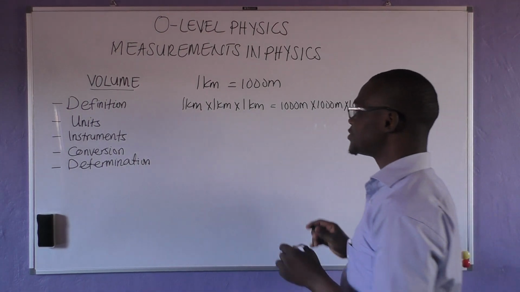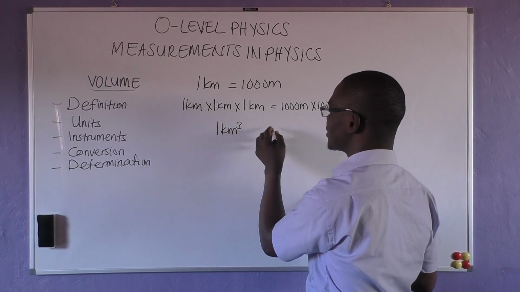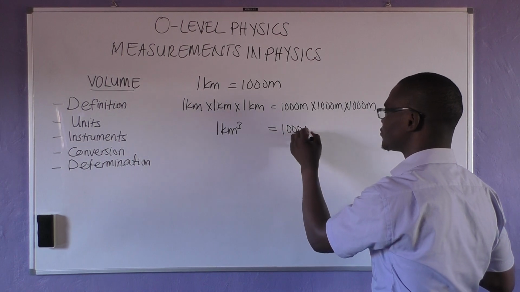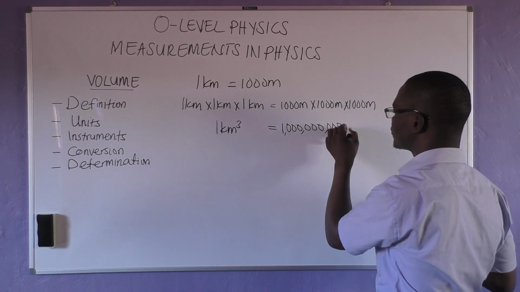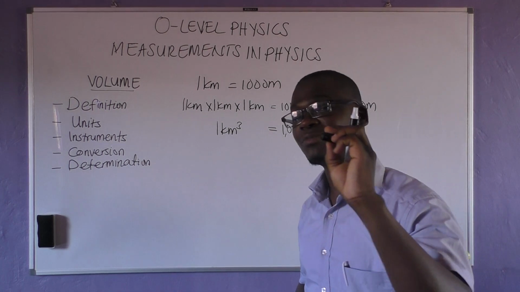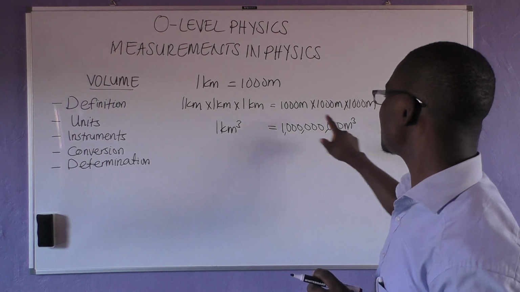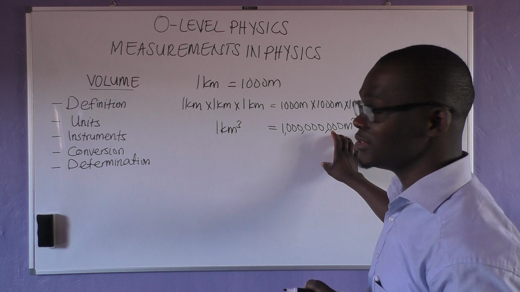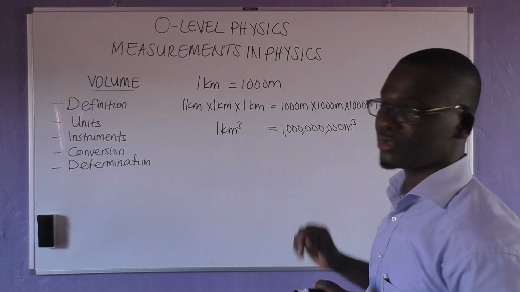So that gives me 1 kilometer cubed equaling 1 billion cubic meters. Meaning that if I would convert from kilometer cubed to meter cubed, I'll multiply my value by 1 billion.